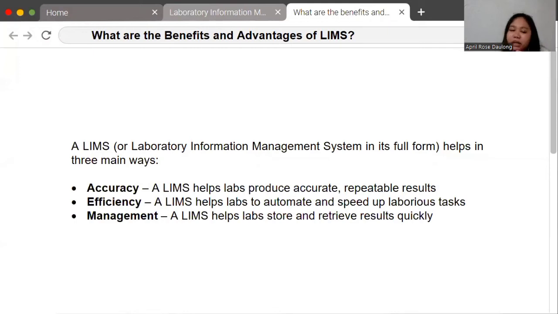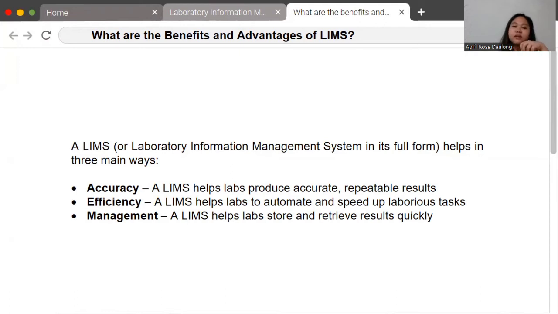Using the LIMS would cut down the need for manual tasks, thereby increasing the accuracy in sample analysis. So, mas decrease ang iyang mga errors sa mga pag-input sa data of information.